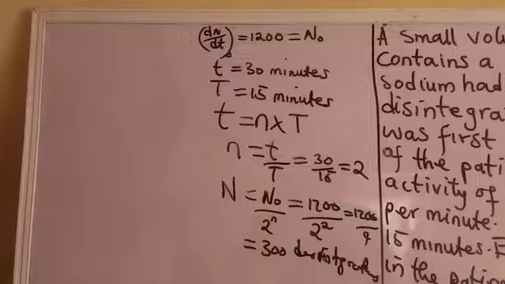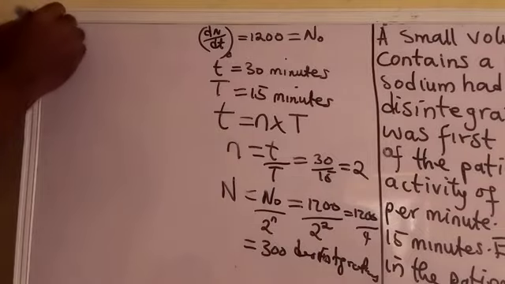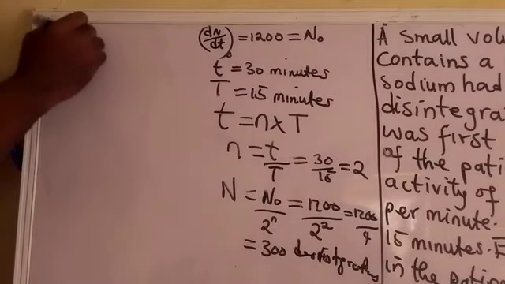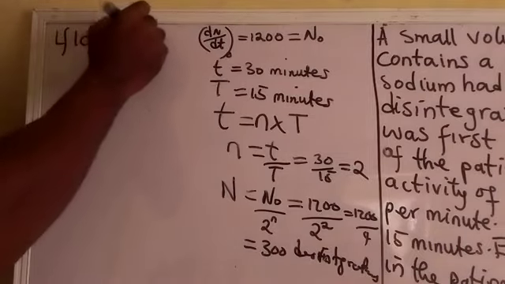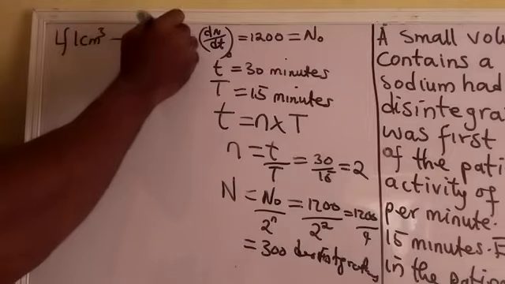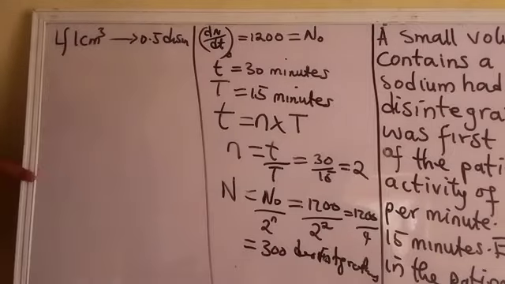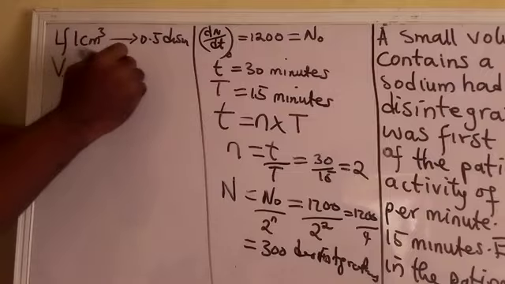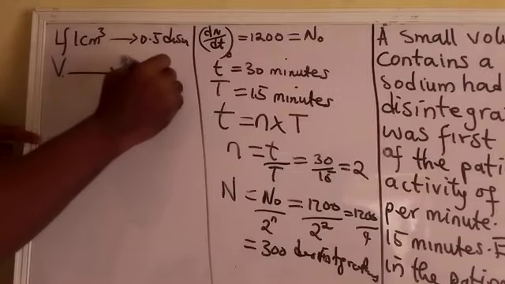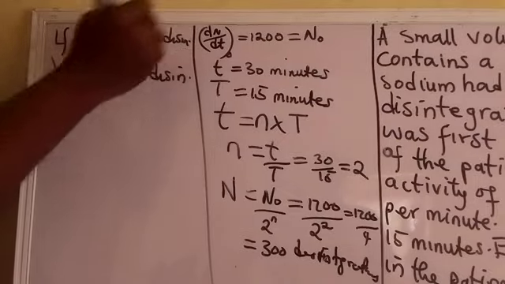Now that we have this, we can consider the fact that if 1 cm³ of blood gave 0.5 disintegrations, okay, so what volume of blood will give 300 disintegrations?